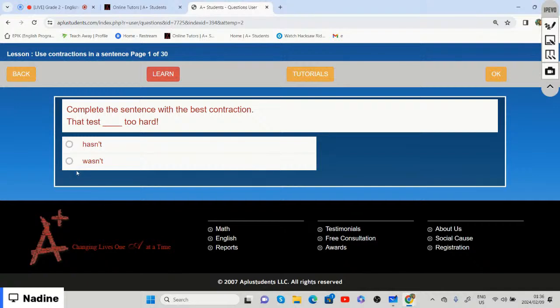It says that test, we can say it either hasn't too hard or wasn't too hard.